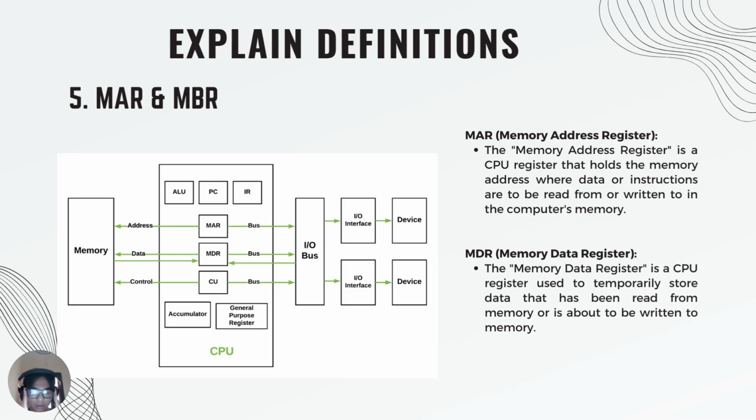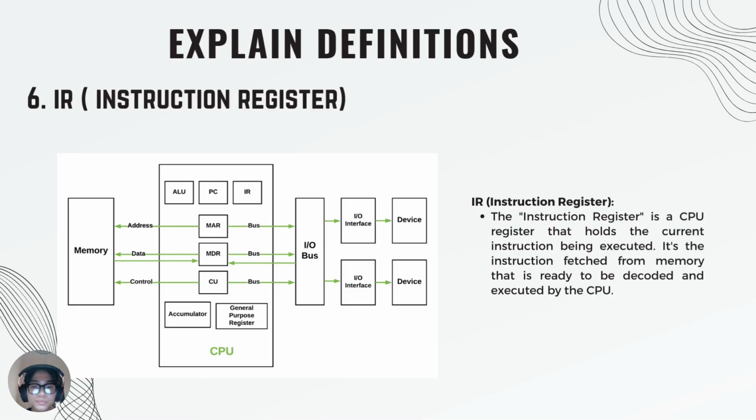So we just focus on two things in this definition: MAR, which stands for storing a temporary address, and MDR, which is used to store temporary data, and that's it.